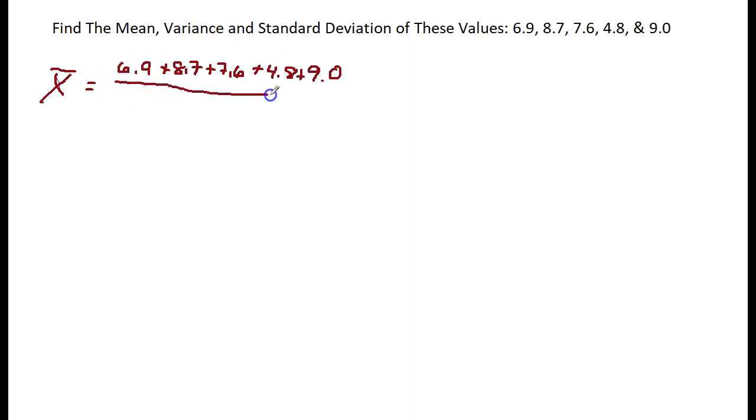Add them up, and there are 5 pieces of data, so divide by 5. Alright, and what we get for our mean when we total these and divide by 5, rounding to the nearest tenth, is 7.4. Alright, that is the mean.